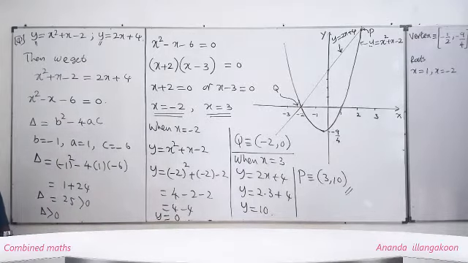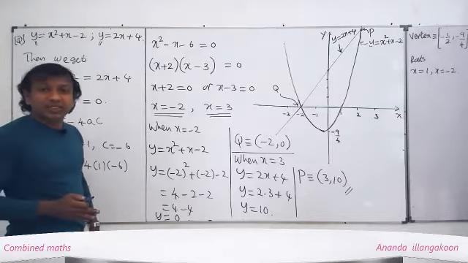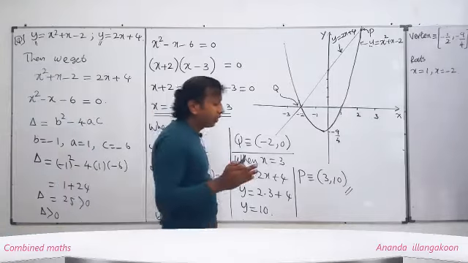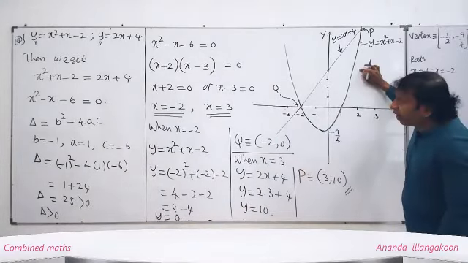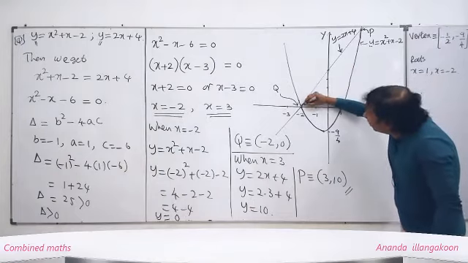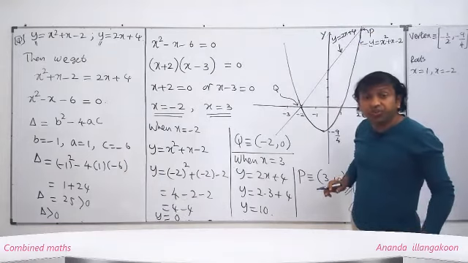Now the most important point in this story is this. You can see that this graph and this line intersect at 2 points. There are 2 points of intersection.